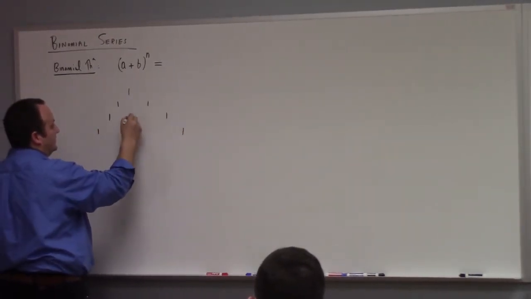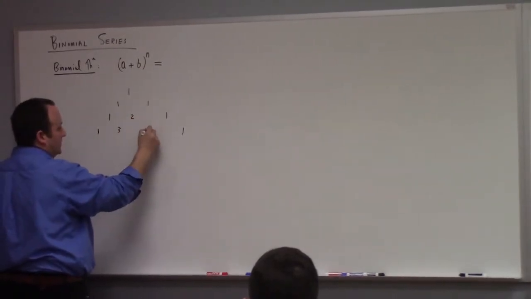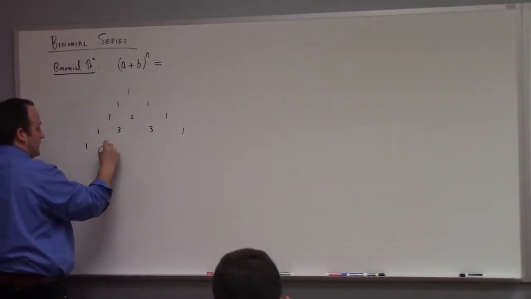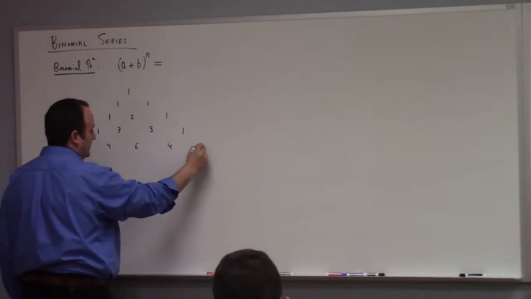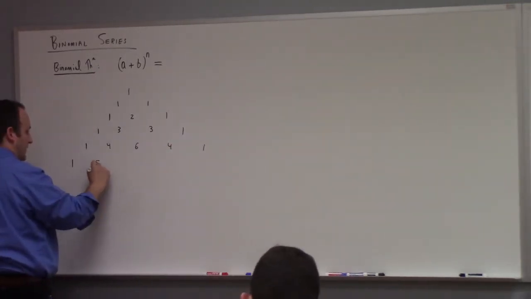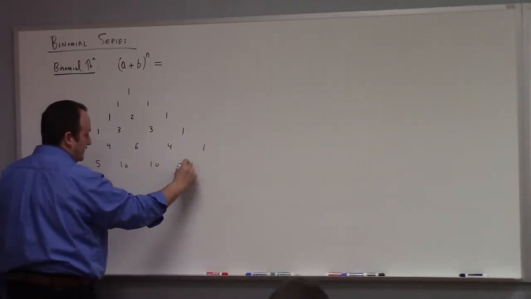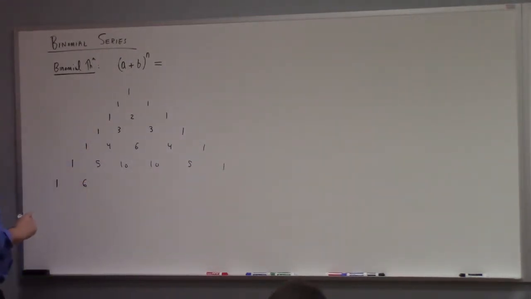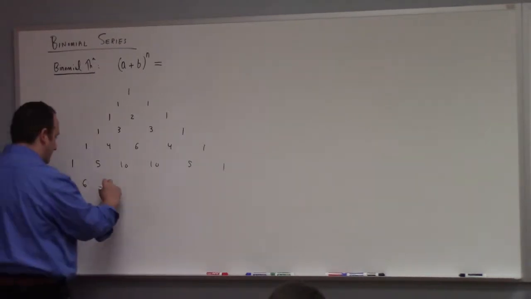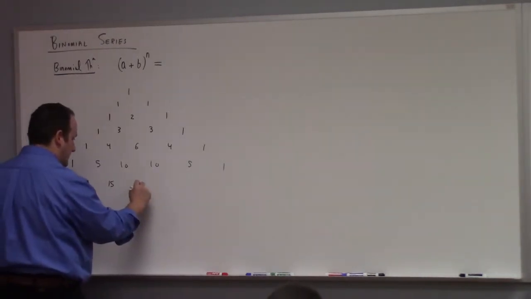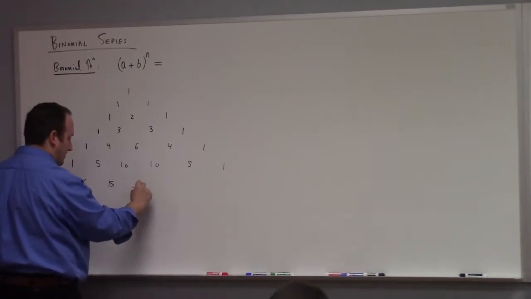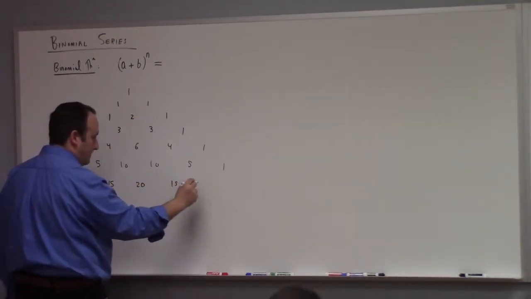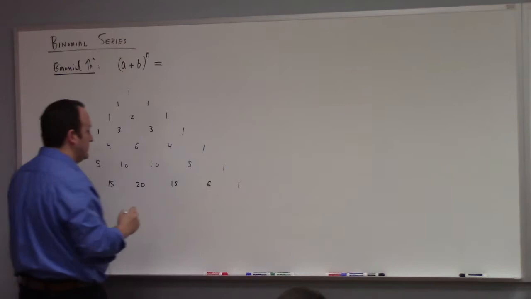There's a 2 here. 3, 3, 1, 4, 6, 4, 1, 1, 5, 10, 10, 5, 1, 1, 6. Can you tell me the next row? 15, 20, 15, 6, 1, right?